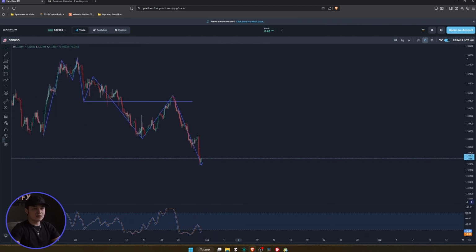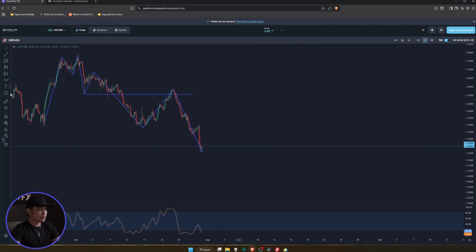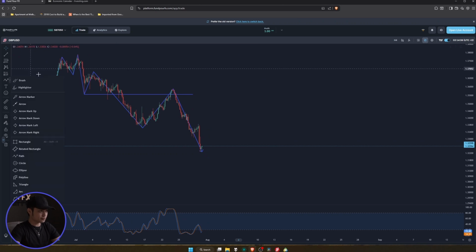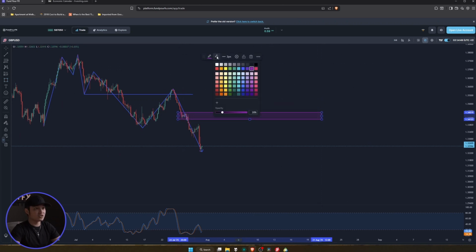So what is the next plan for the pound dollar? If you want to trade pound dollar, I will use the 4-hour chart as usual for my trend structure lookout. The main plan for the pound dollar is we are going to see a rejection or pullback on this zone. This one is our supply zone on the 4-hour chart.